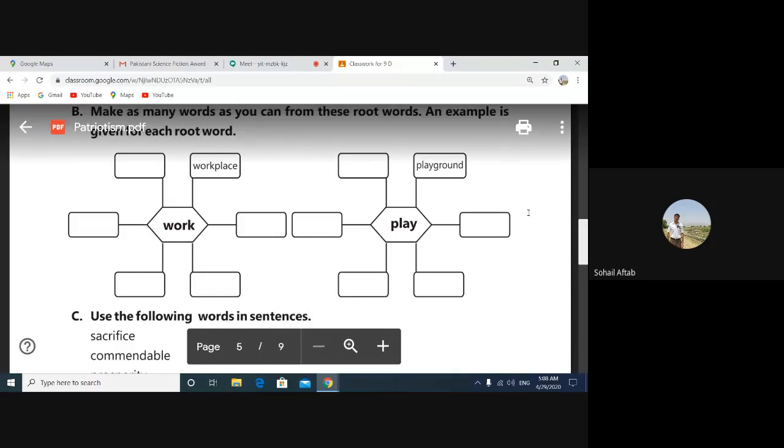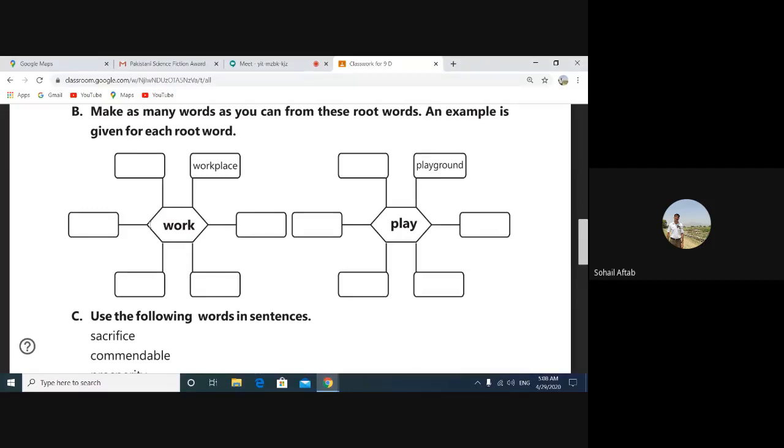In B part, we see a word tree, and let's read what it says. Make as many words as you can from these root words. So you have been given a root word in the center. This is work, in the first tree diagram, or you can say diagram. It doesn't look like a tree, but it is usually called a tree diagram.